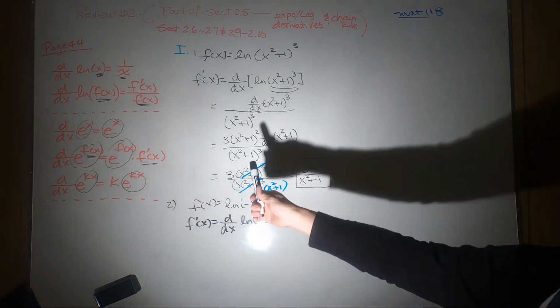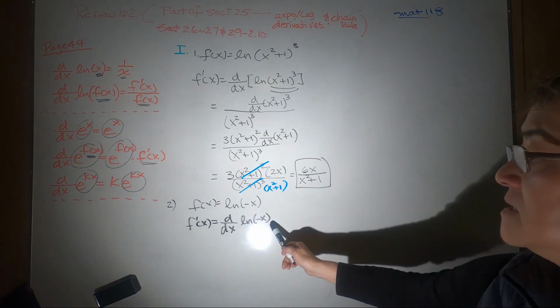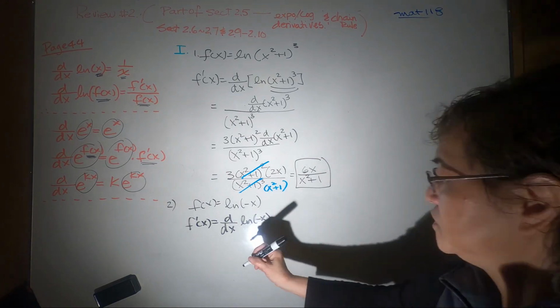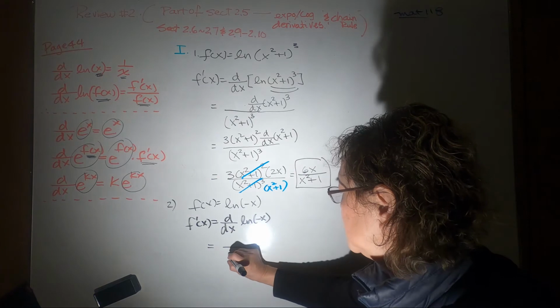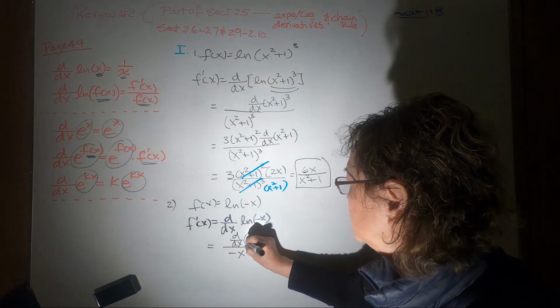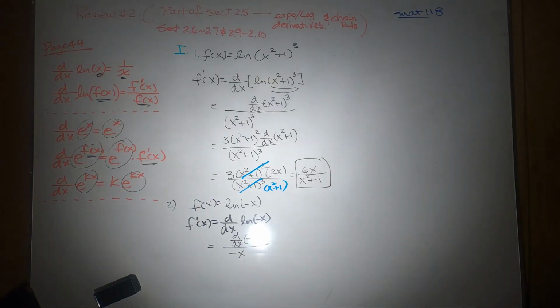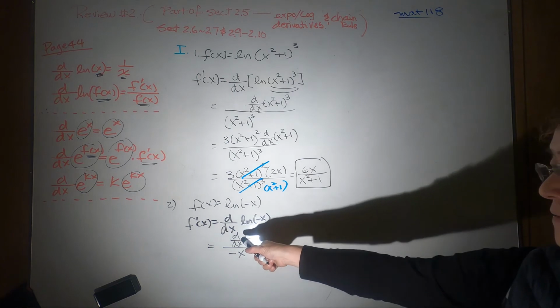Then natural log says it's 1 over, but on top, if the inside is not a simple one, you need to do the chain rule. So we will do negative here, then we will do the chain rule for the inside, right? Then what's the chain rule for the inside?